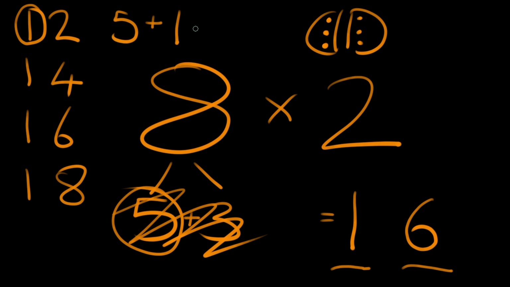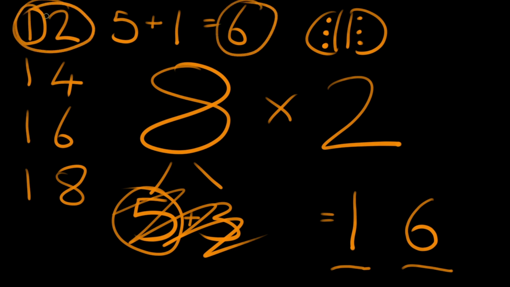Yeah. 5 plus 1 gives us 6. So 12 cut in half becomes 6. The 10 cut in half to the 5. The 2 cut in half to the 1. Yeah. We can use that exact same strategy with any of these teen even numbers.